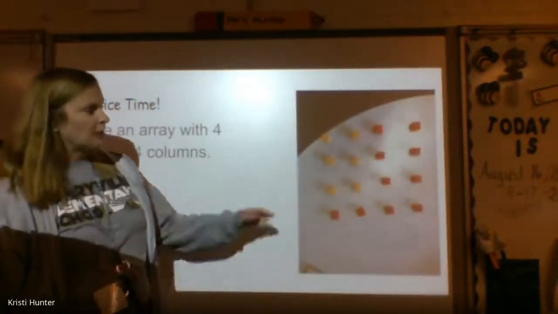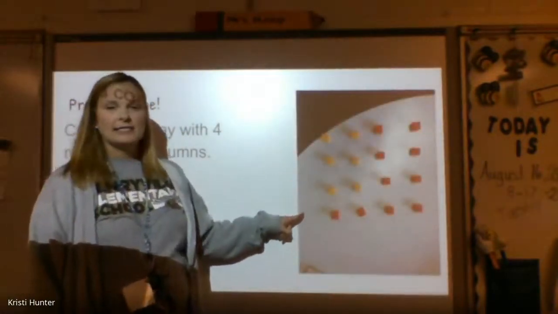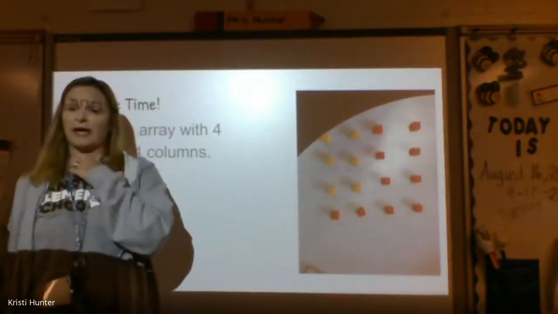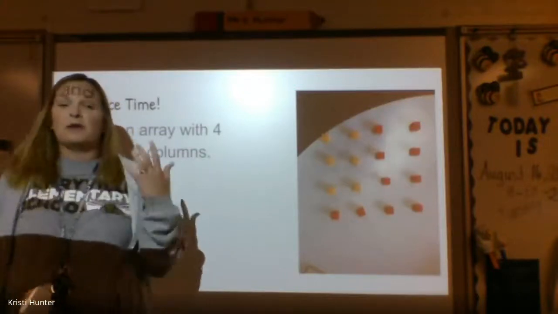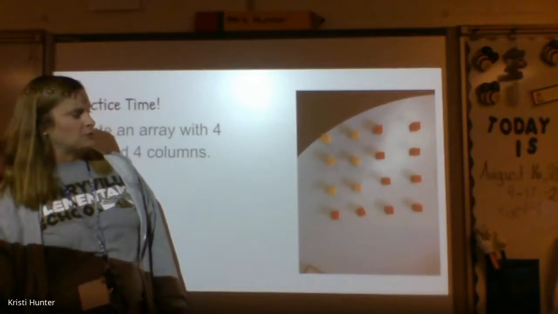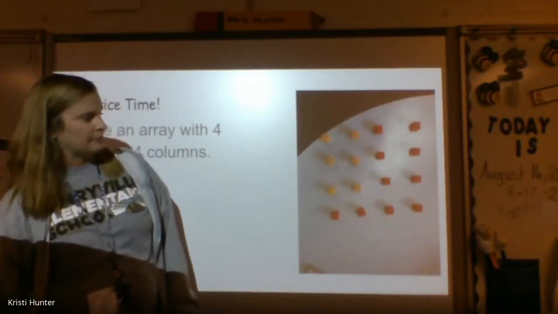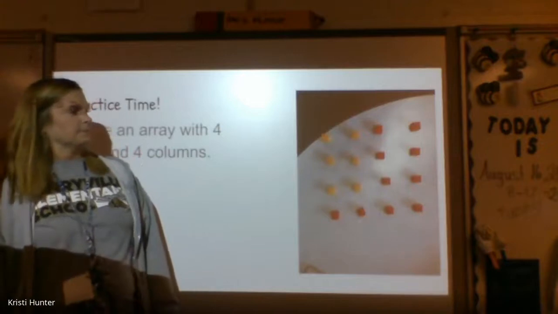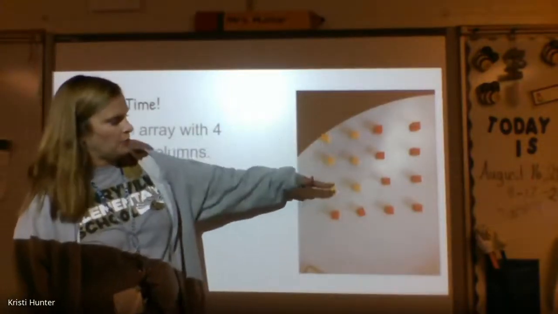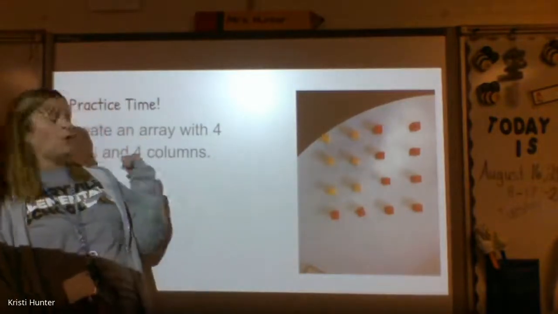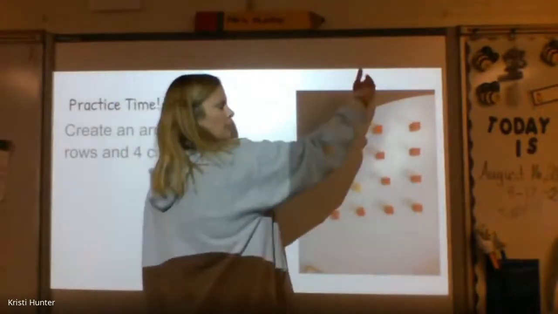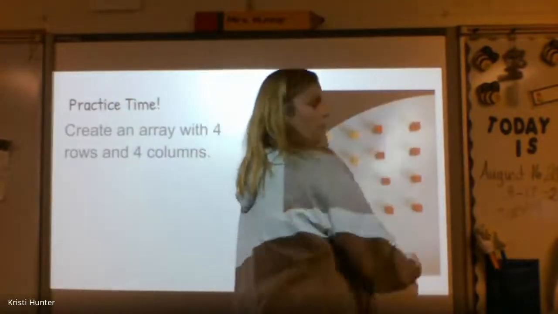When you have yours done, you can take a look at mine to see if your array and my array match. I made an array here with my Unifix cubes. This is what we would have been making our arrays with if you would have been at school this week. We would have used our linking cubes. So 4 rows, 1, 2, 3, 4, and 4 columns, 1, 2, 3, 4.